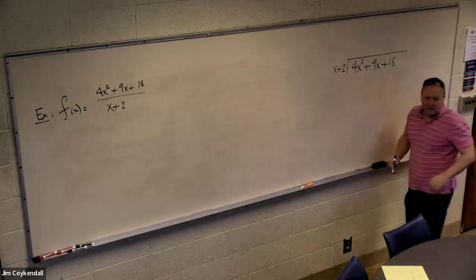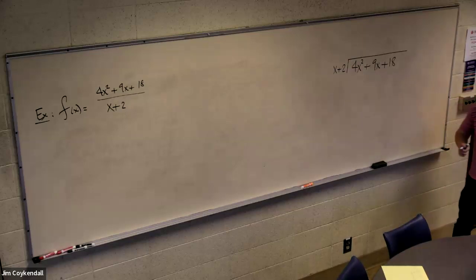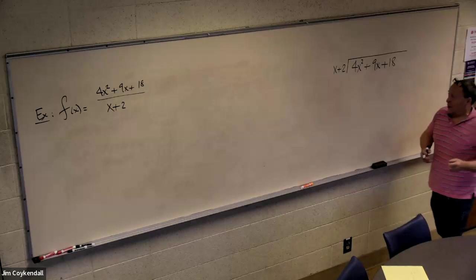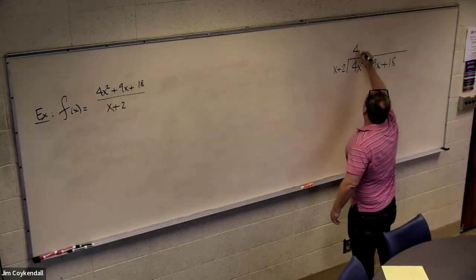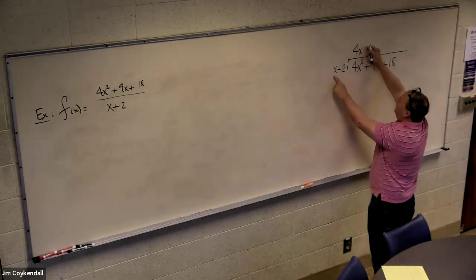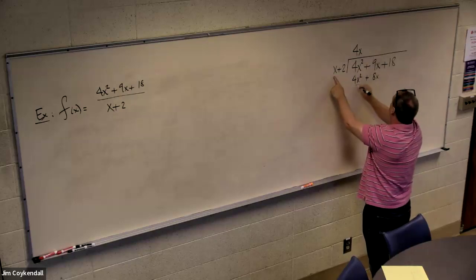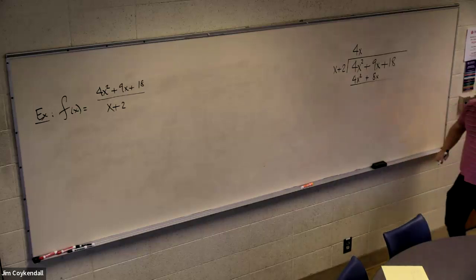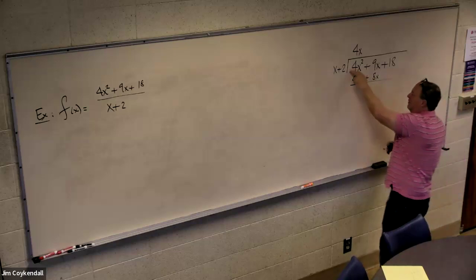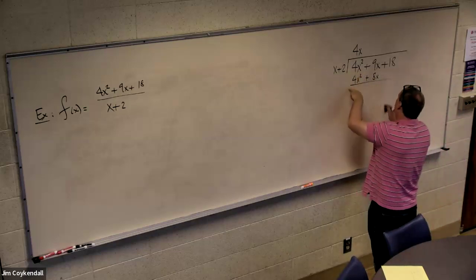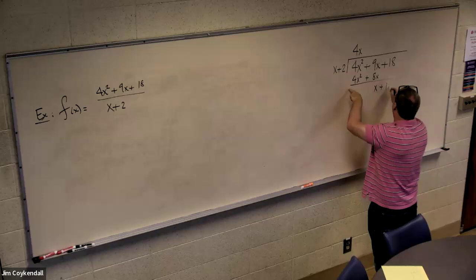How many times does x go into 4x squared? What do you got to multiply x by to get 4x squared? 4x. So this is going to be 4x squared plus 8x, right? Now, subtract this. That's going to give me a 0. This is going to be x plus 18.